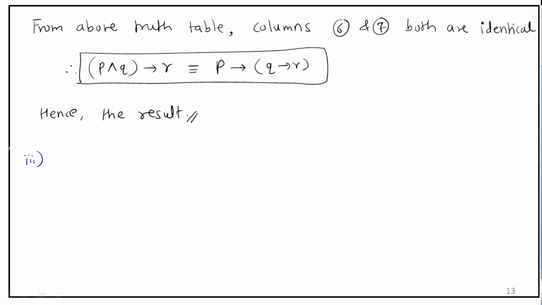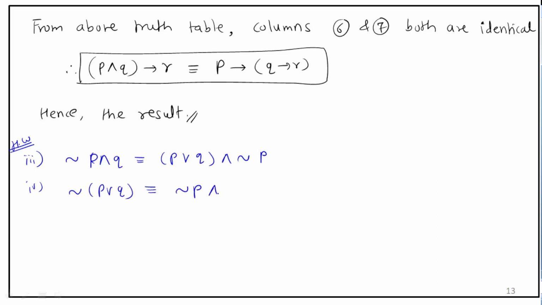Similarly, third, as homework, try these remaining examples. Negation of P and Q, which is equivalent to negation P or negation Q, and negation P. Try this. Fourth one: negation of P or Q, which is equivalent to negation P and negation Q. You have to prove this by using a truth table.